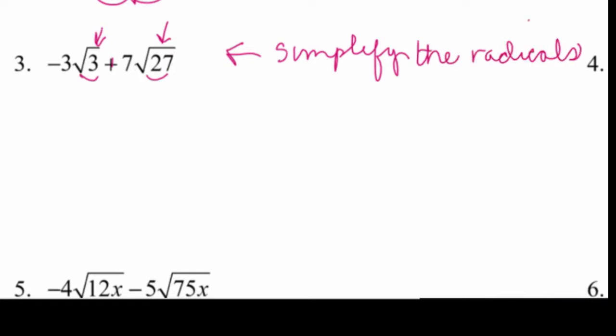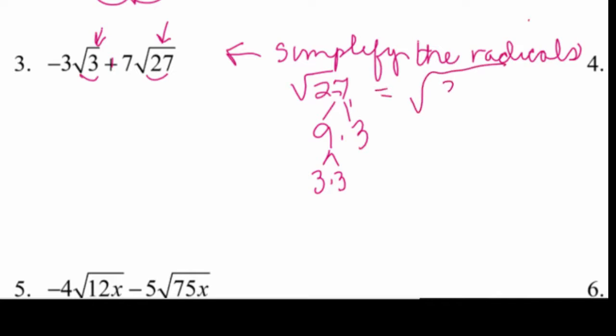So before we give up on this problem, we are going to simplify the radicals. By that I mean that in the square root of 27, there's a perfect square. And if you recall from previous work, we can do a little factor tree here. 27 is 9 times 3, and 9 is 3 times 3. So the square root of 27 is 3 times 3 times 3. We're looking for groups of 2 common factors because our index is 2.